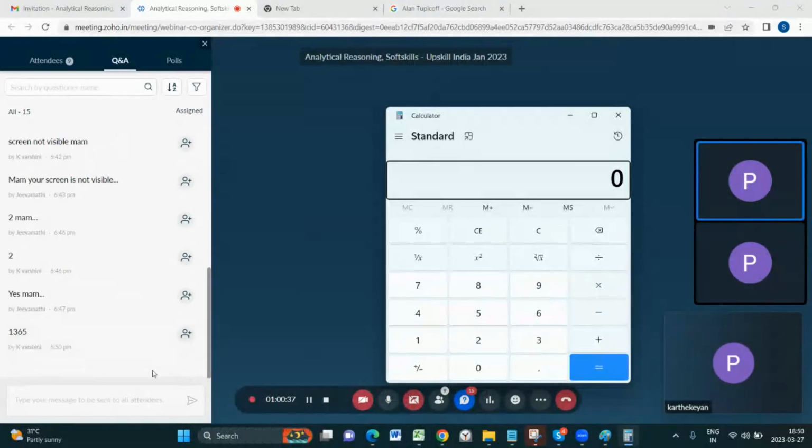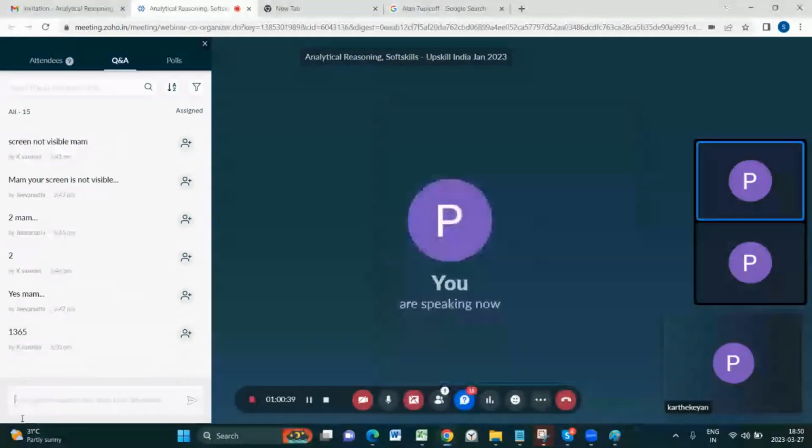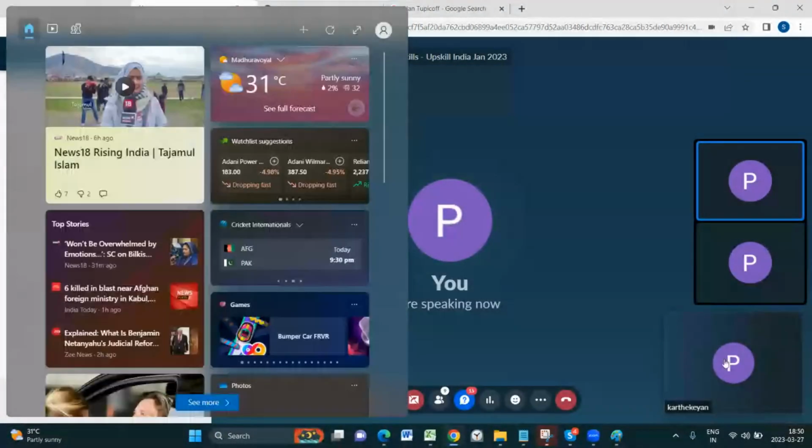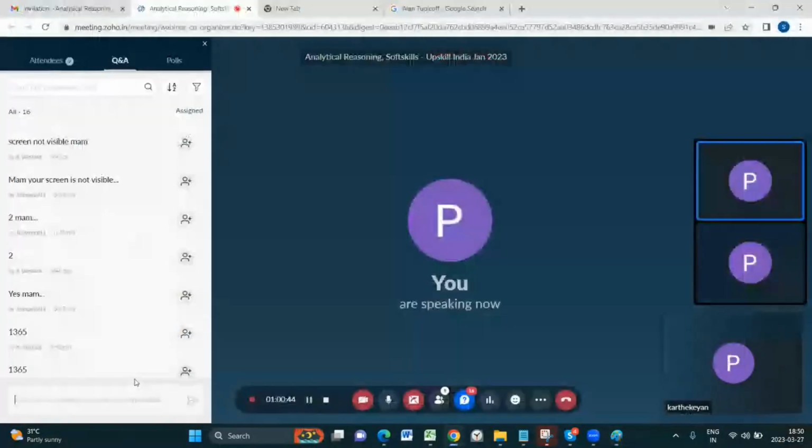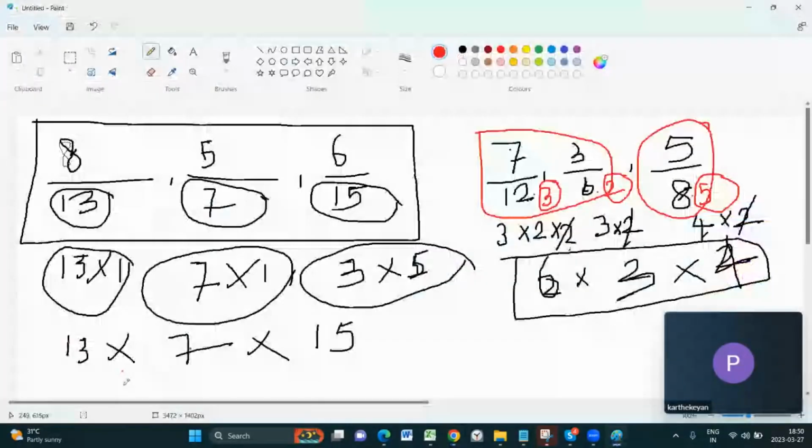Yes, 1365. Excellent. 1365, very good. 1, 3, 6, 5. This is divisible by all 13, 7 and 15.